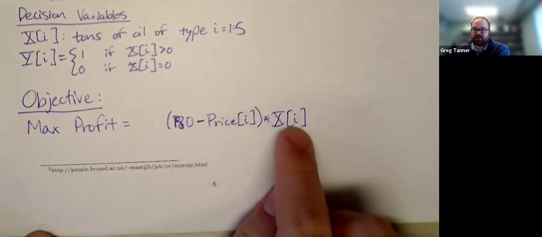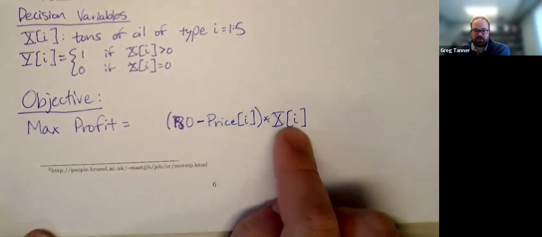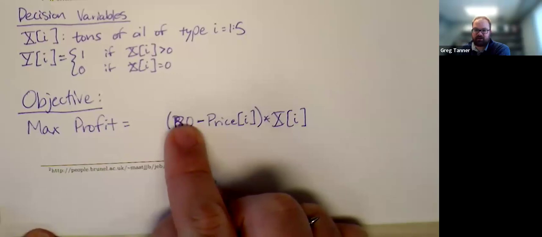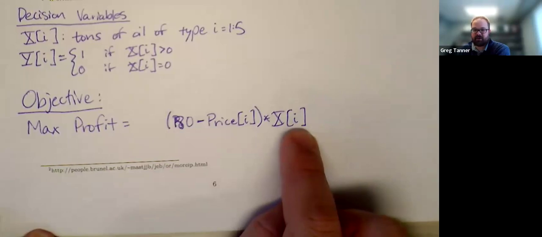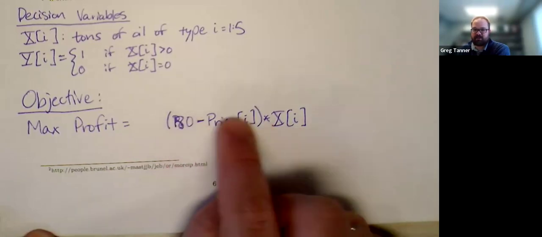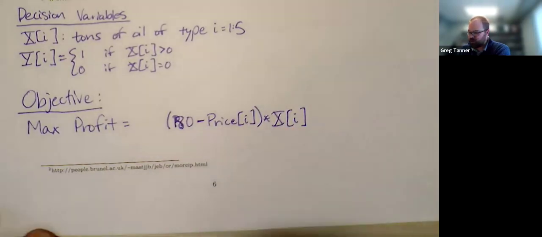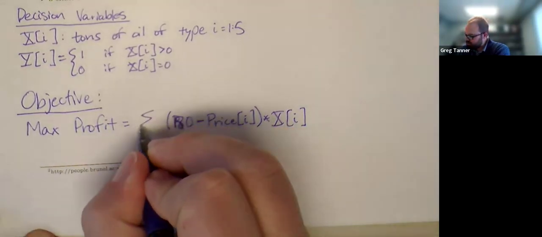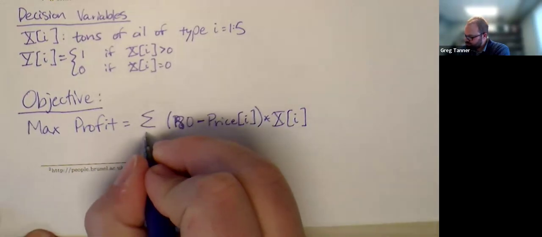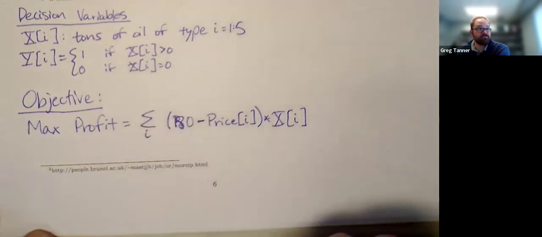So if we use a ton of the first oil, then when we sell it, we get 180 dollars per ton in this x_i variable, minus the price that we paid per ton on that oil. Then we sum this up over each of the 5 oils.